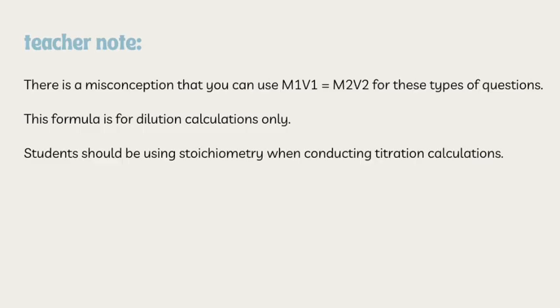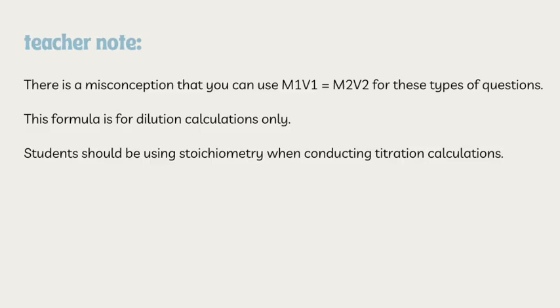I do want to point out at this point that sometimes I've seen people complete titration questions using the formula M1V1 equals M2V2, and I would highly recommend not using that. The reason is that that formula is meant for dilutions, and it is not meant for stoichiometric calculations in titration.